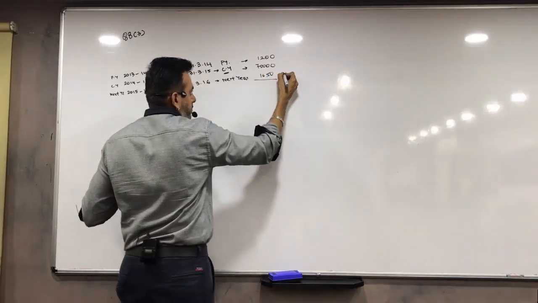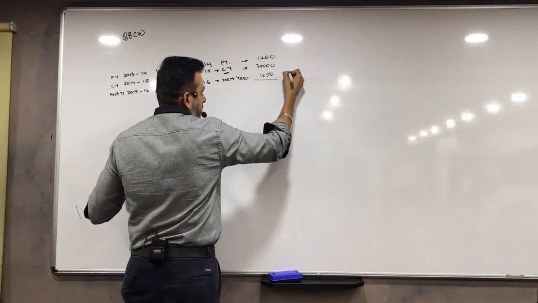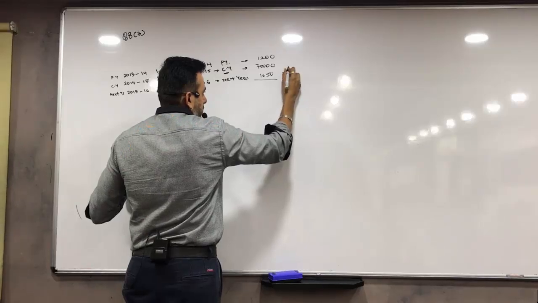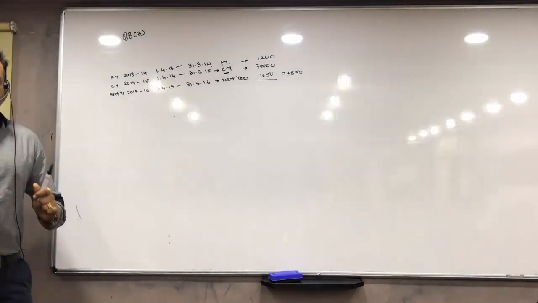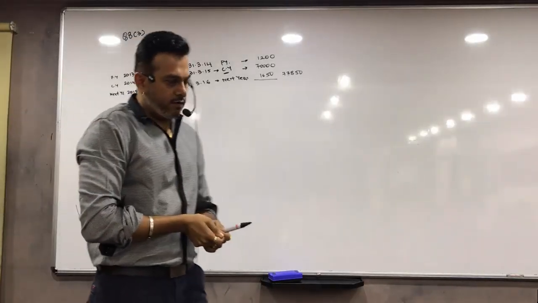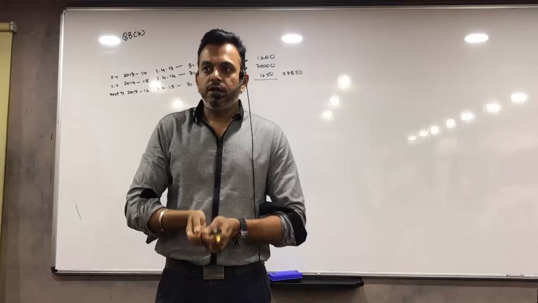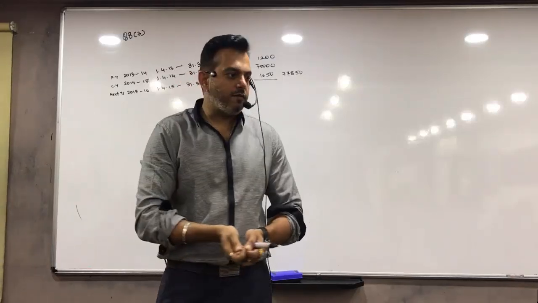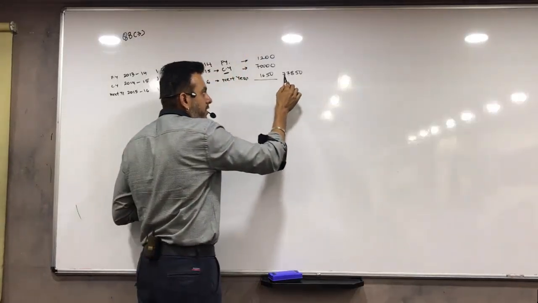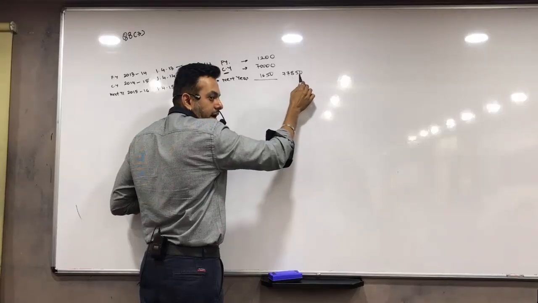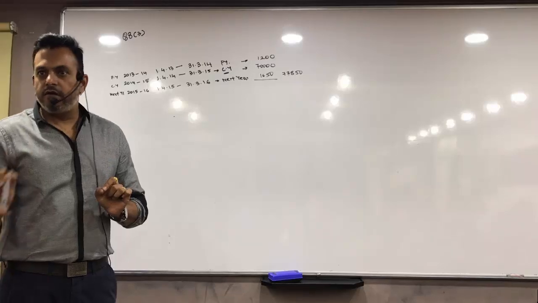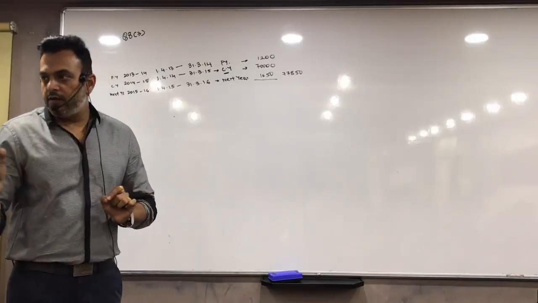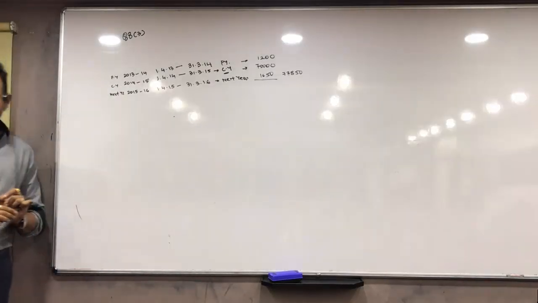What's the outer column? 77,850. Is this clear? That means the cash that came to me, in the form of cash or cheque, whatever, I collected a total of 77,850. This is my receipt. Receipt means cash comes in. Please pay attention, it is a very important concept.